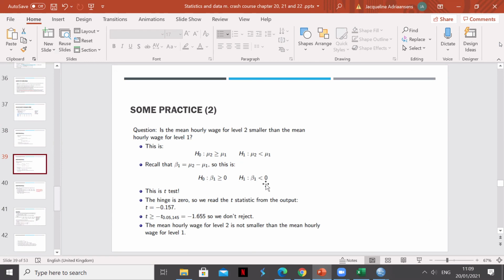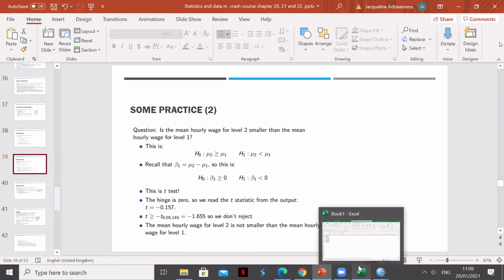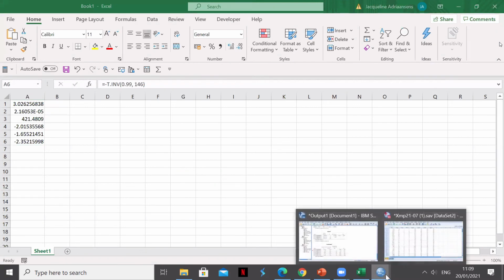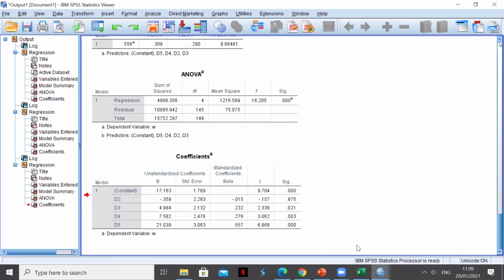And if we want to do a t-test with a hinge of 0, it's actually the easiest test we can do, because like I said, this minus 0, which is this divided by this, you get it already from SPSS by default, and it's this number.